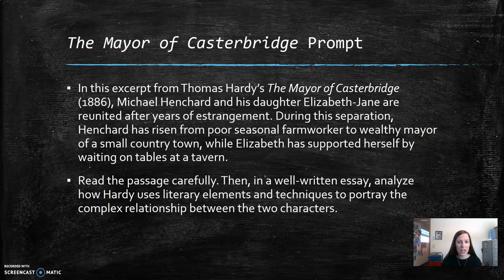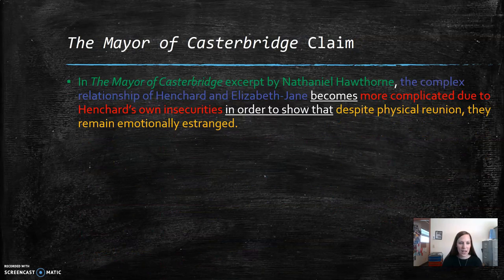Okay, this was a long time ago, Mayor of Casterbridge. That was the prompt we were given. And then here's the claim. So in The Mayor of Casterbridge, an excerpt by Nathaniel Hawthorne, the complex relationship of Henchard and Elizabeth Jane becomes more complicated due to Henchard's insecurities in order to show that, despite physical reunion, they remain emotionally estranged.